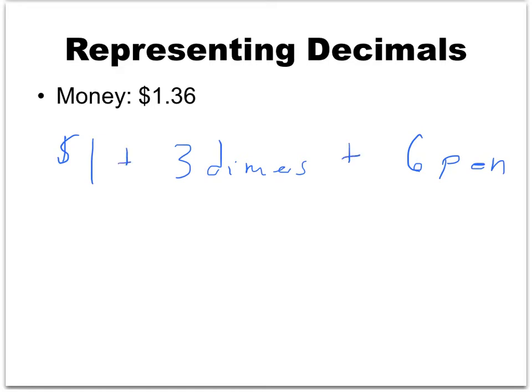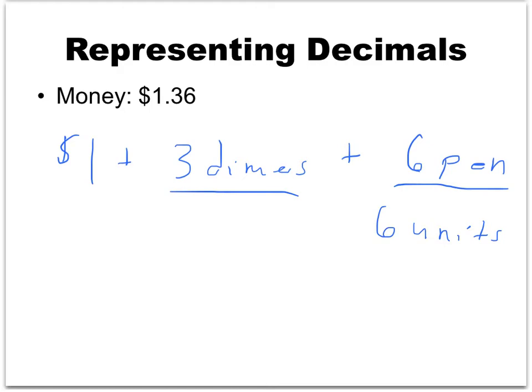And so let's look at it in maybe a different way of looking at this number. Instead of starting off with a dollar here on the left, let's start off with the pennies on the right. And let's think of these 6 pennies as like 6 units or 6 items. And so we're going to start on the right with those 6 pennies, with each penny as a unit. And then a dime, well, a dime is 10 pennies, so that's like a bundle of 10.